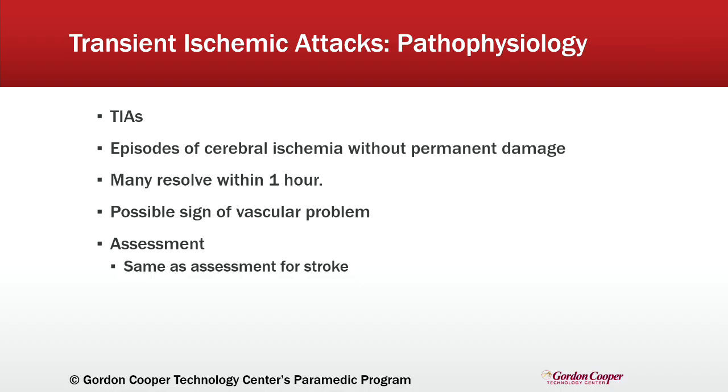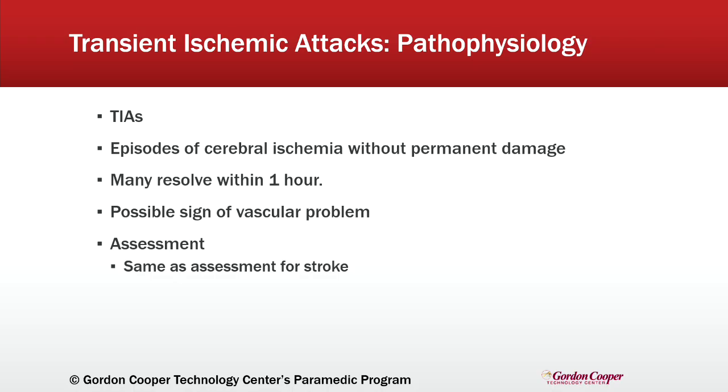Typically, these are a warning sign that there's some vascular condition that needs some attention. More than 1/3 of patients who experience a TIA will have a stroke shortly afterward. So a good timely assessment is crucial, and that way they can make sure that there's not something that can be fixed. The assessment for a TIA will follow the same protocols as a stroke.